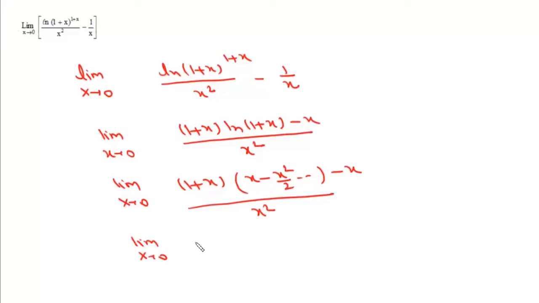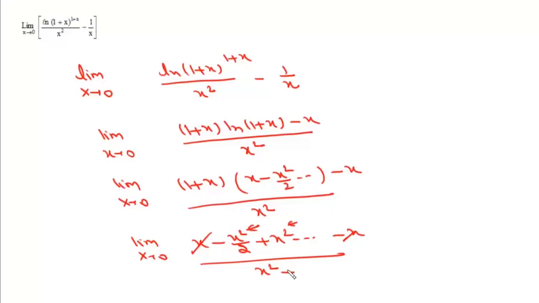Now we can write this as x minus x square upon 2 plus x square plus higher powers of x, minus x, upon x square. Now this x and x will cancel. Now the minimum power in the numerator is the same as the minimum power in the denominator. So the answer to this limit will be the coefficient of x square in the numerator upon the coefficient of x square in the denominator, which is 1 by 2. So the answer to this limit is 1 by 2.